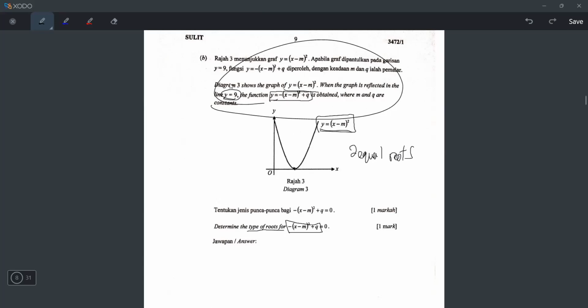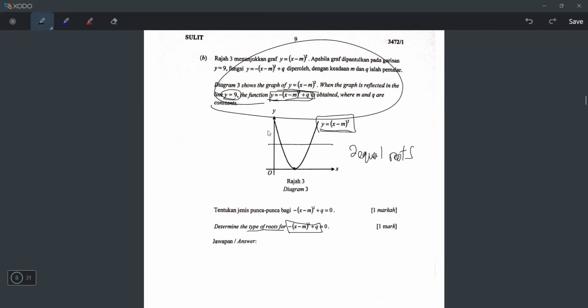And they say the graph will be reflected in the line y equals to 9, and then this curve will be obtained. It means I need to know where y equals to 9 is, and I need to do a reflection. So how can I know where y equals to 9 is? Will it be down here?